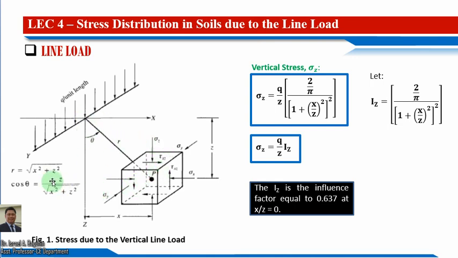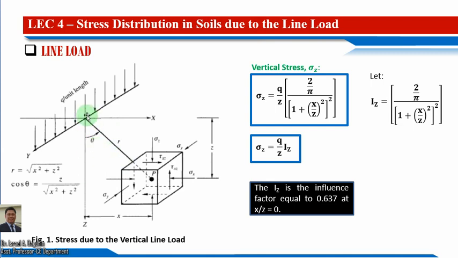We have the horizontal distance x, which we also call the radial distance, from the vertical axis z, and we have the depth z here, and we have point P acting at a certain distance r at an angle theta from the vertical z-axis.